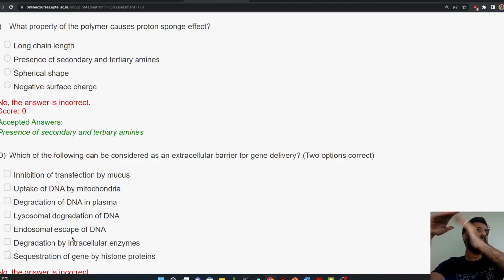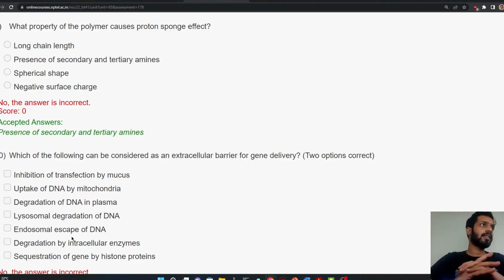Yeah, so usually people circumvent this by not delivering it into the plasma, right? You can escape this by not delivering DNA into the plasma itself. You can do localized injection to where you want the actual DNA to go, and so on. There are various things you can do to escape this plasma degradation of DNA. You could encapsulate them in nanoparticles and so on.